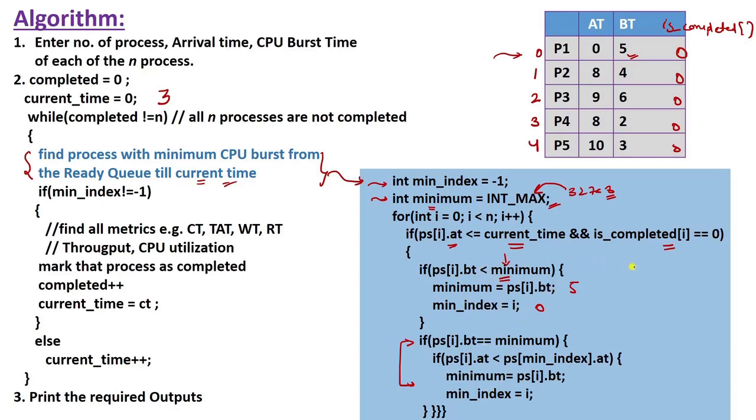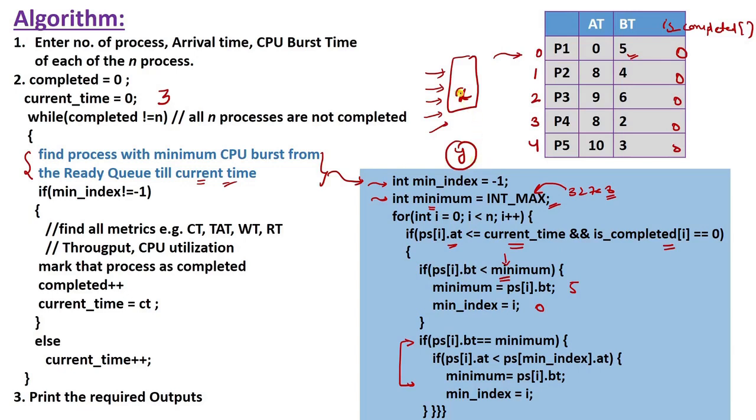Why? Because let's say at a particular point of time, you have seen, let's say, 5 processes. Okay. Let's say you have seen 5 processes, and out of 5 processes, the minimum was some X value. Okay. X value. And now you are coming into the next iteration, and now you are saying, okay, just check the current burst time of the ith process.